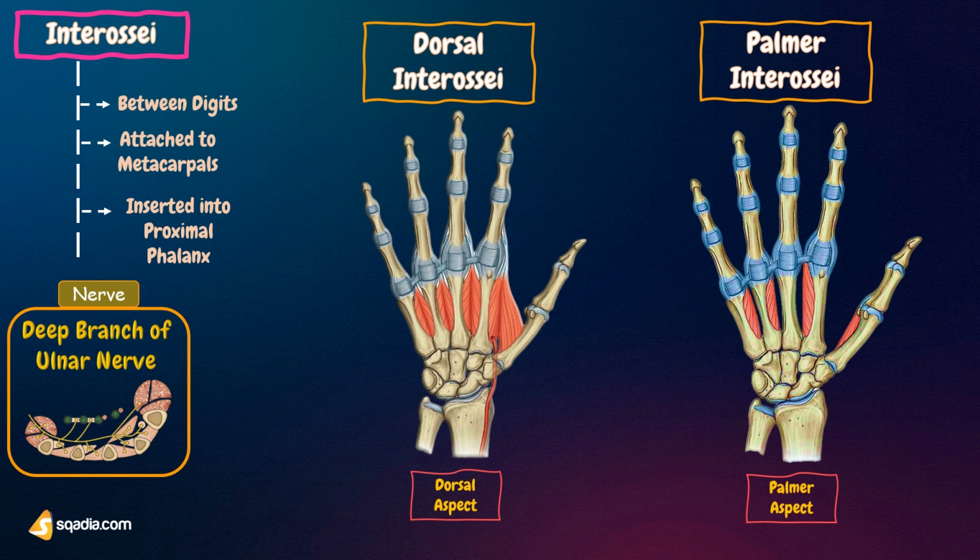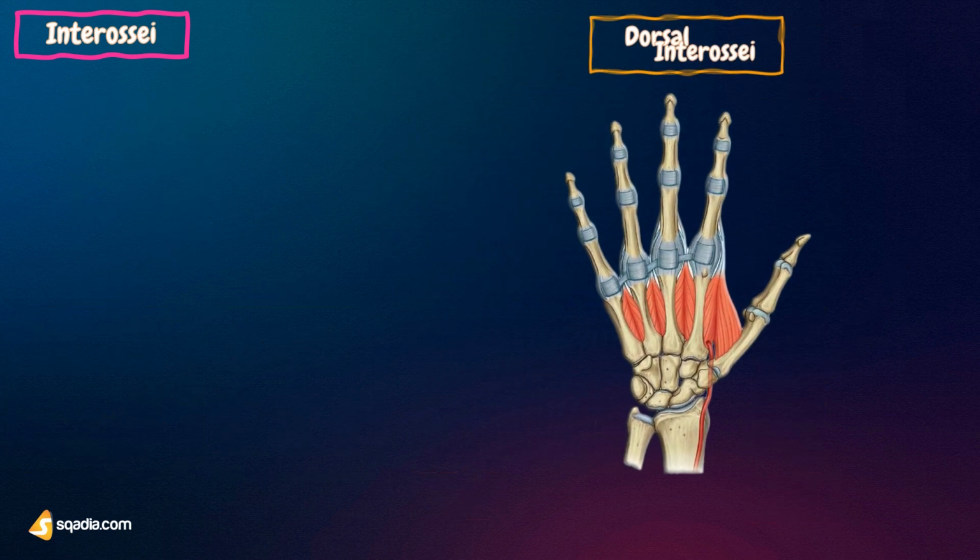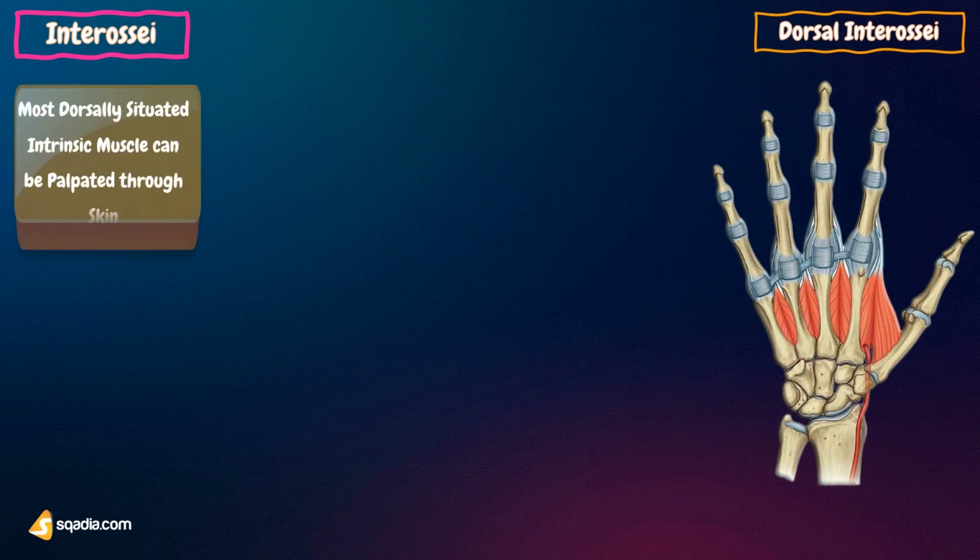All the interossae are innervated by the deep branch of the ulnar nerve. Collectively, the interossae abduct and adduct the digits and contribute to the complex flexion and extension movements generated by the extensor hoods. Let's look at the two groups of interossae in more detail.